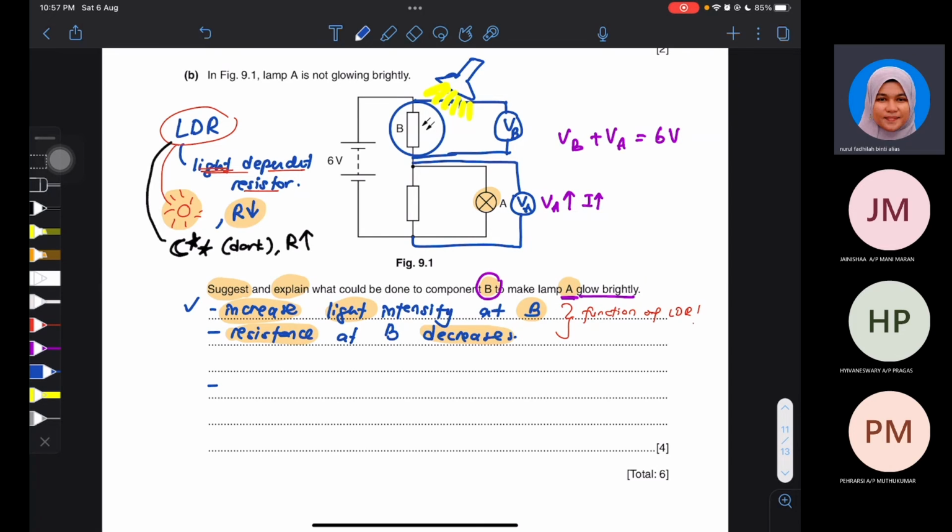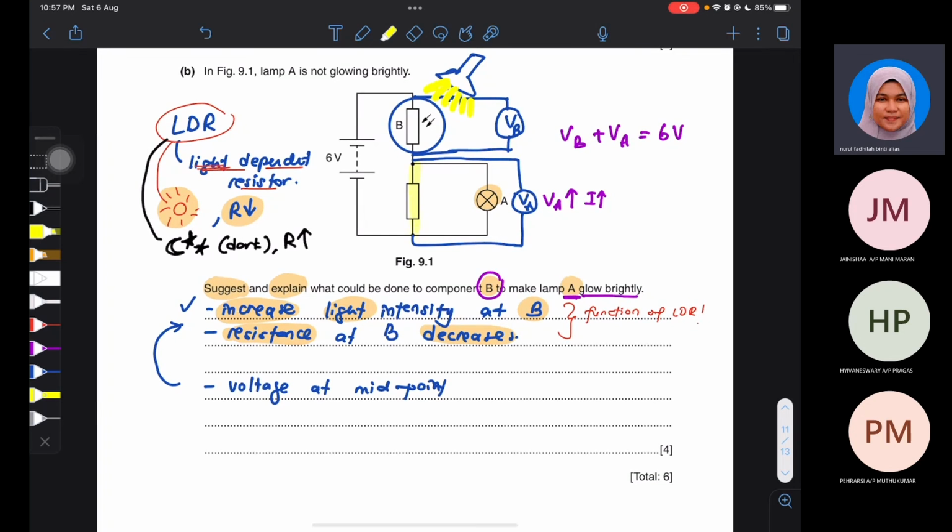Okay, next kita nak explain kenapa macam tu. Jadi kita explain lah. When that happens, bila kita dah buat ni, what happen is voltage at midpoint, ni voltage dekat sini, ni voltage itu increases.